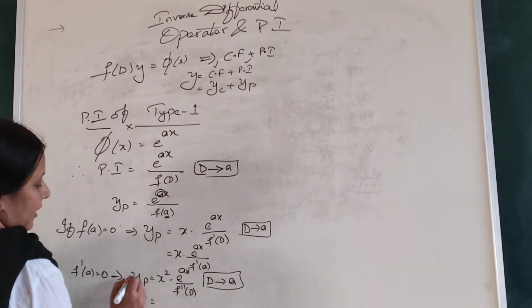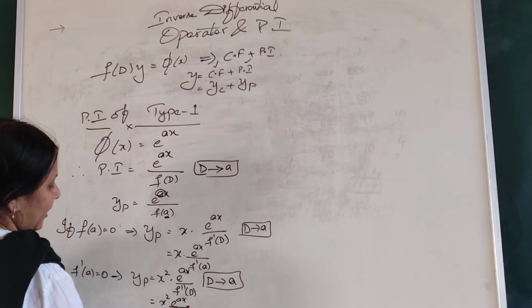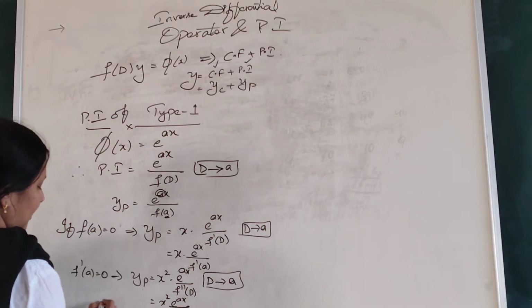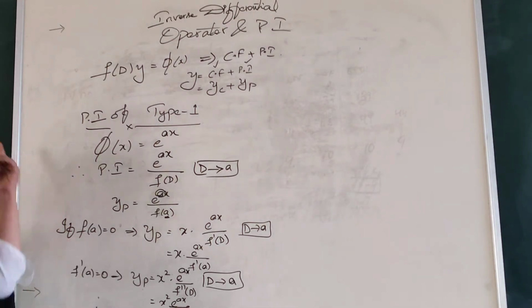Therefore, in that case the particular integral is going to become x square e power ax divided by f double dash of D. And this process is supposed to be continued until you get a non-zero denominator. Understood? So this is how you get the YP in this particular case.